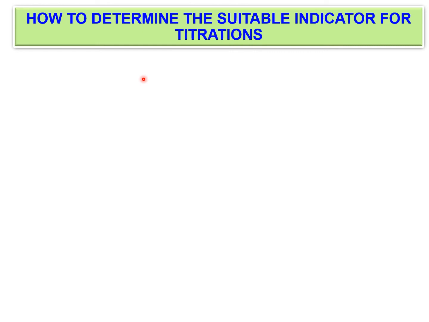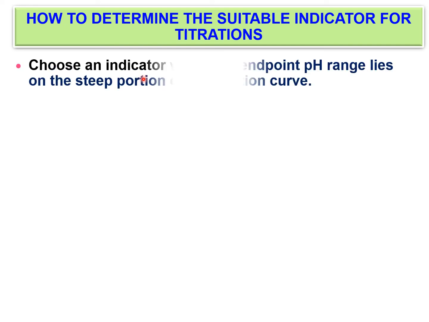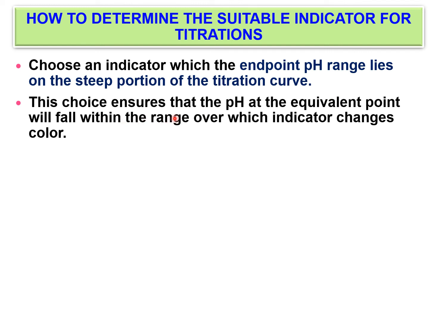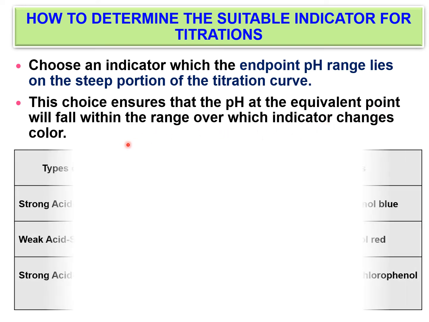So next part is how to determine the suitable indicator for titration. Okay, yang ni just macam recap je lah. Okay, so choose an indicator which the endpoint pH lies on the steep portion of the titration curve. So this choice will ensure that the pH at the equivalence point will fall within the range over which indicator changes colour.